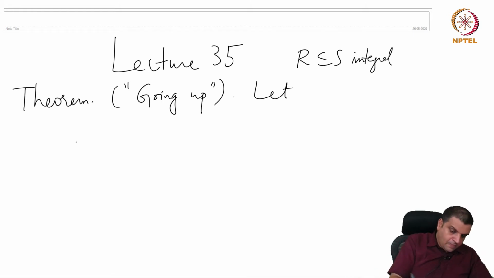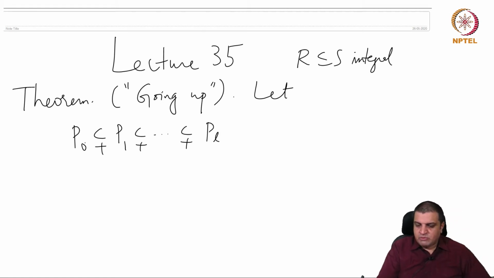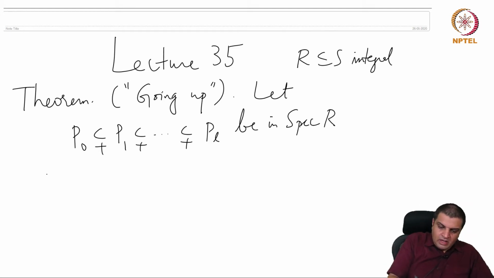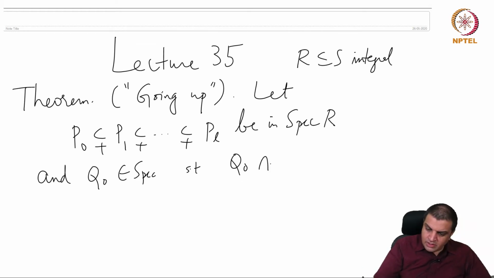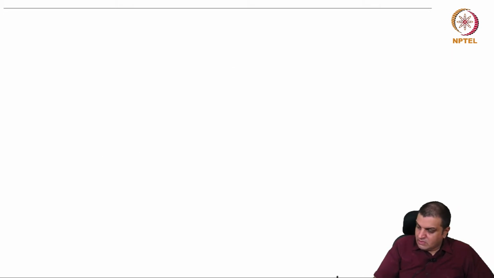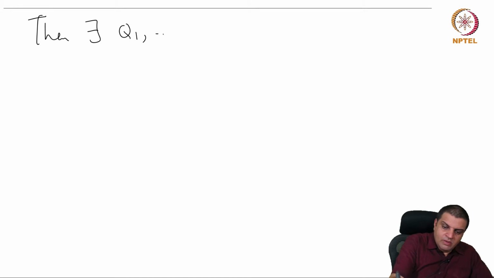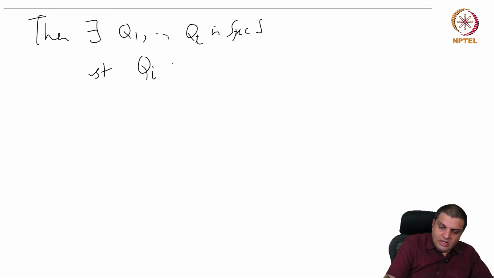Let P0 inside P1 inside up to PL, a chain of primes of length L, be in spec R, and Q0 in spec S such that Q0 contracts to R to P0 in R. Then there exist Q1 through QL in spec S such that Qi contracted to R is Pi for all 1 less than or equal to i less than or equal to L.